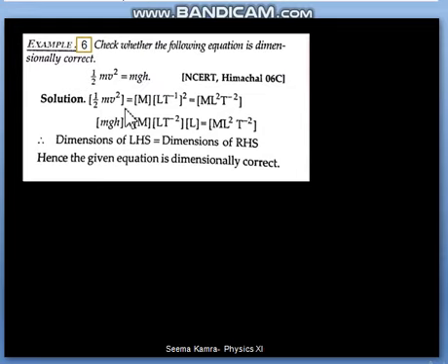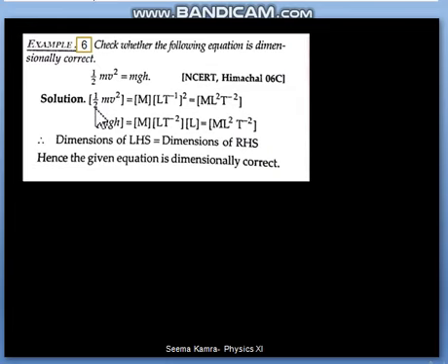Half of mv square. Now half term is appearing, and as I told you that whenever we check dimensionally, we have to replace each of the quantity by their dimensional formula. So as it was discussed in the starting that any number is dimensionless. So whenever any number, fraction, anything is appearing, then you have to ignore it in the dimensional analysis.